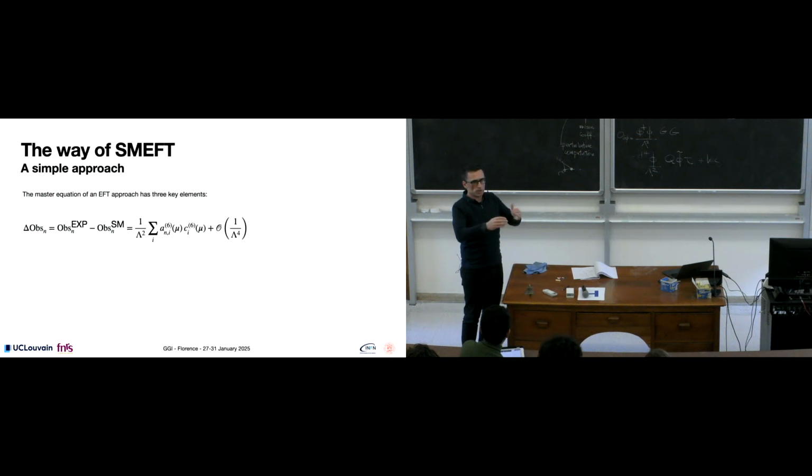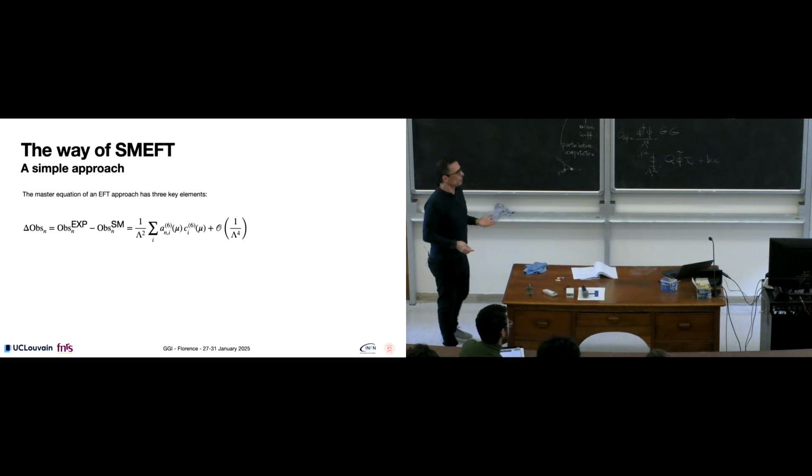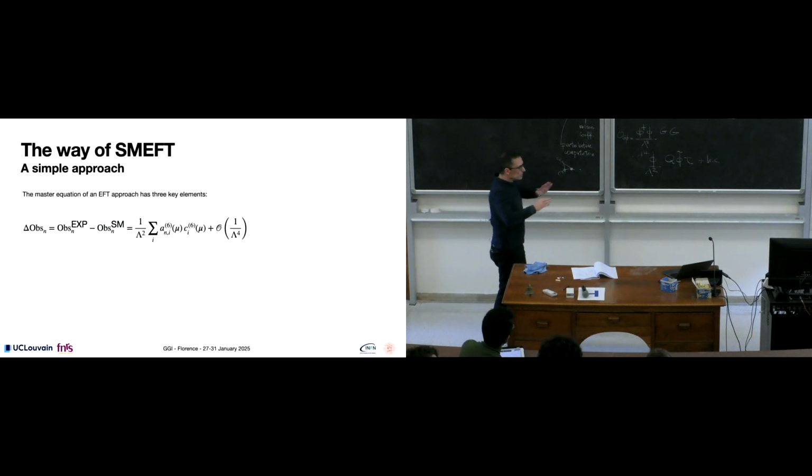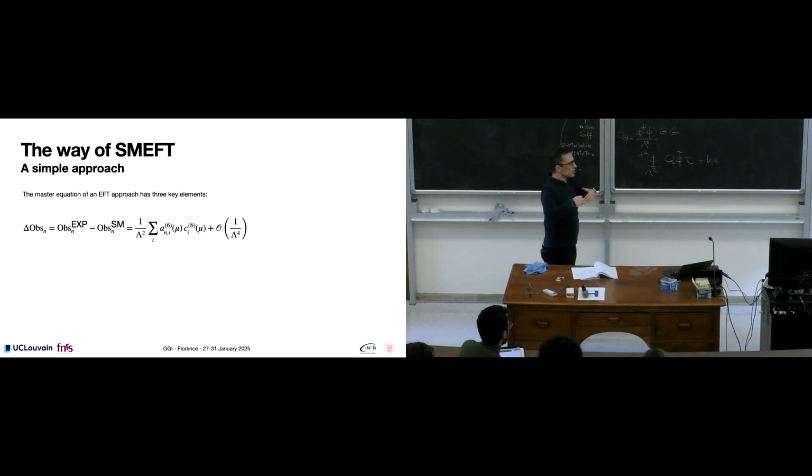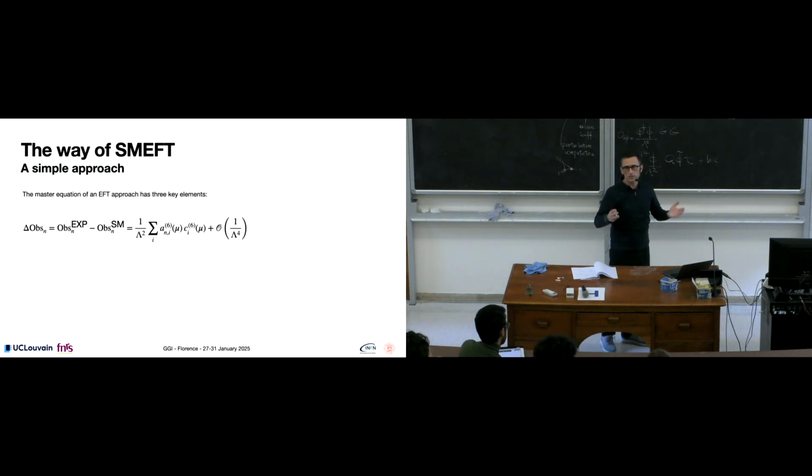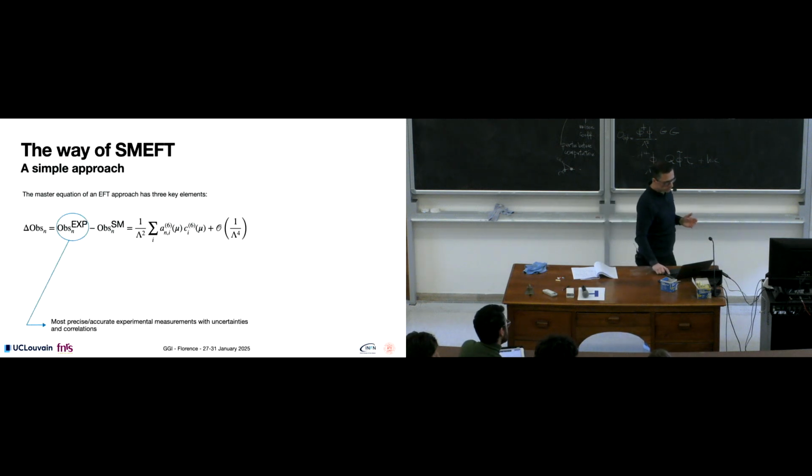They're curved, so there are no more flat directions. So there are the theoretical uncertainties, the systematic uncertainties, the correlated uncertainties. It's a very complicated fit at the end to do, but this is the logic, okay?